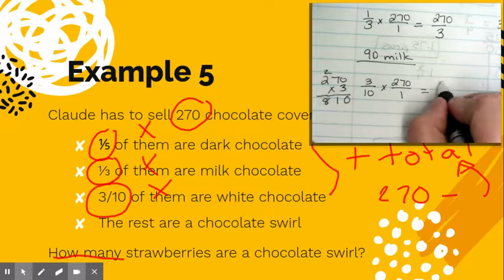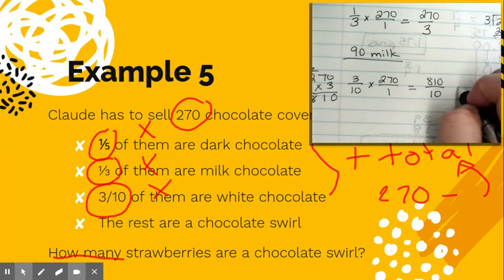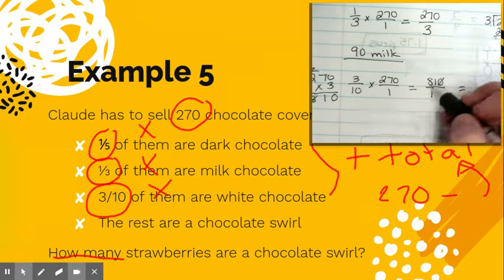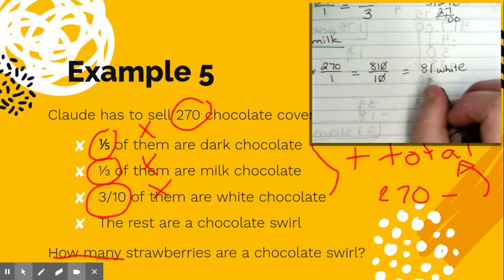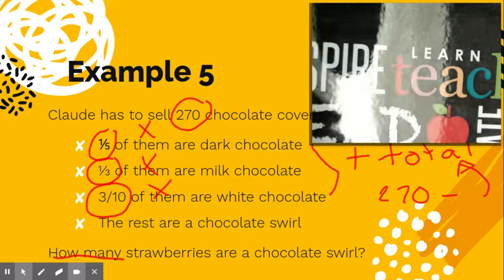So 810 divided by 10. Okay, when I divide by 10, all I have to do is cross off these zeros, and that's what it's going to be. So my answer is 81. So 81 are white chocolate.